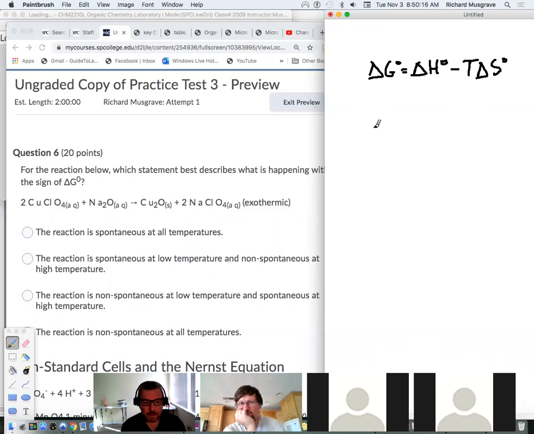They're two separate things. So here I know what delta H is. Delta H is exothermic, which makes it negative automatically. Now delta S here, I can look at it, I can tell. You see how it's going from 2 aqueouses to a solid over here. That would tell me that entropy is decreasing, so I automatically know delta S is negative.